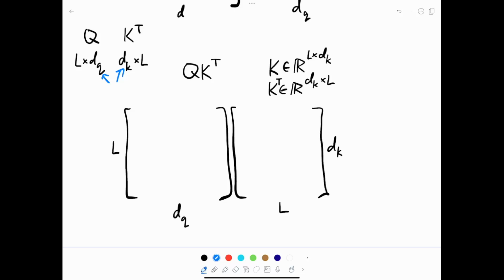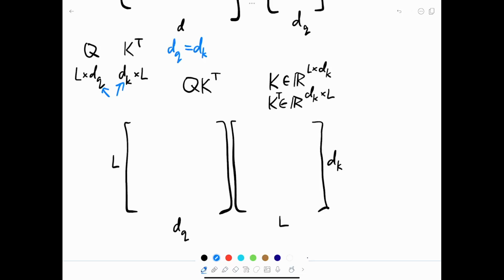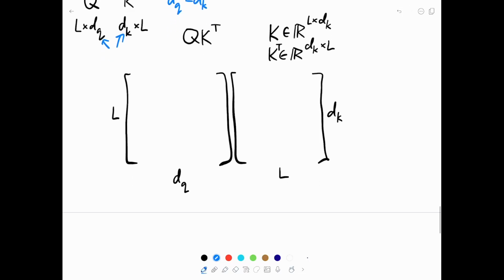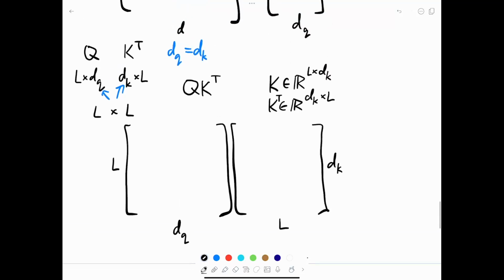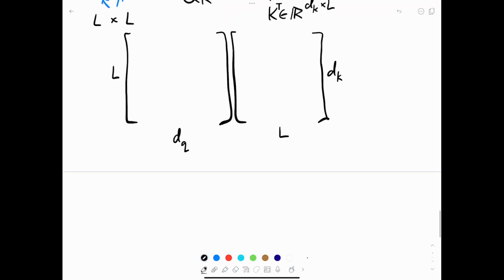And so we have this constraint actually, that dq is equal to dk. So whenever you set dq and dk, they actually have to be equal in order to perform this operation. And our output will be an L by L matrix. Okay, so the result of this will be a square matrix.